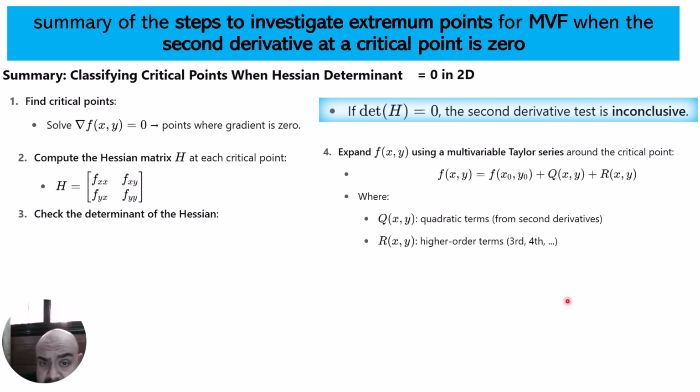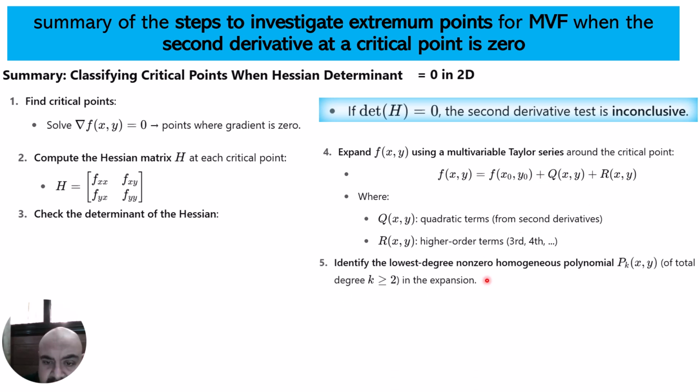The higher order derivatives are a part of the Taylor series around the critical point. So we will have a quadratic part and the remainder R, which is the higher terms, third, fourth, and so on. This is one of the reasons that we already dealt with Taylor and Maclaurin expansions in multivariable functions at the beginning, before the optimization part, because we may need them.